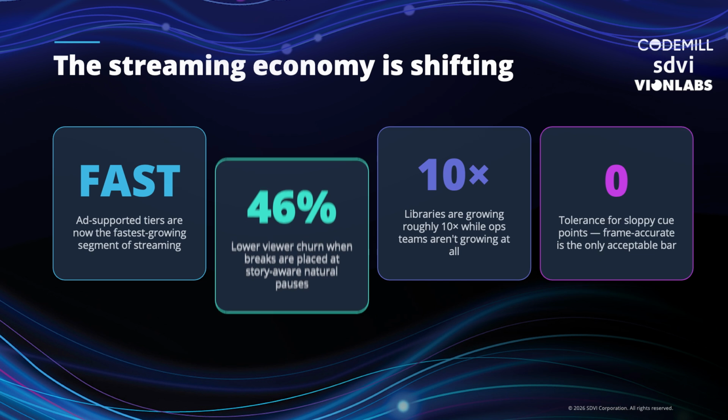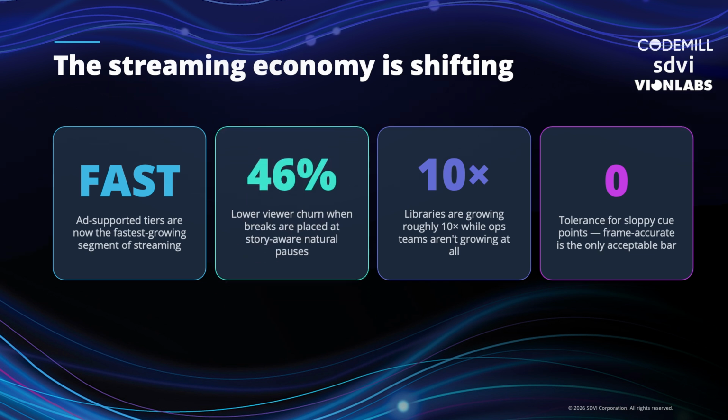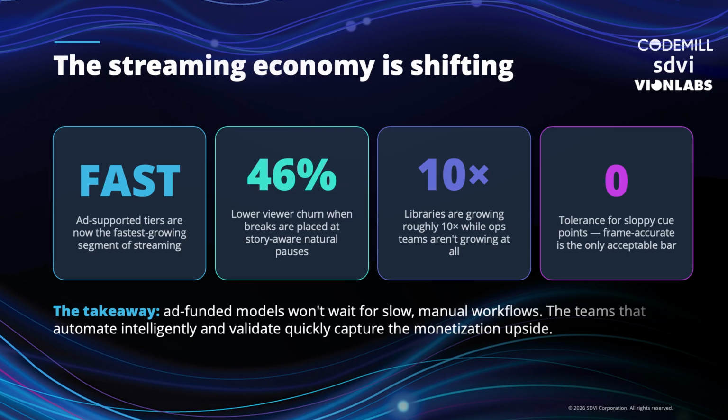But the number that always stops people, 46% lower viewer churn when breaks are placed at story-aware natural pauses. That's not a marginal improvement. That's a structural difference in the quality of the ad experience. Now, what we're going to talk about is how our solution can make that problem go away, or at least minimize the impact of bad ad placements.